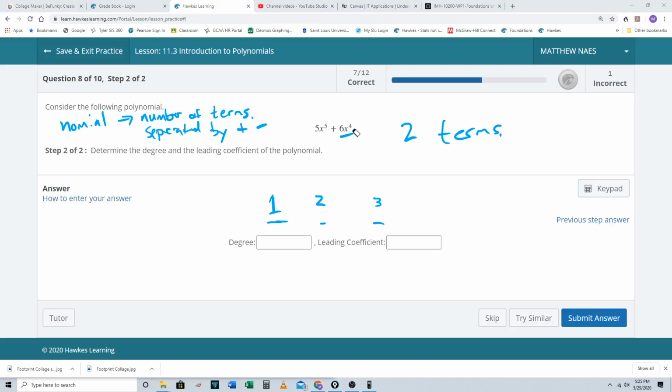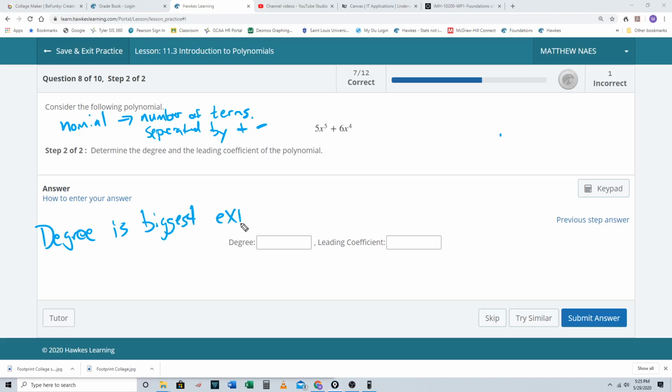All right. The second part is the degree and leading coefficient. Degree is biggest exponent. So which one's bigger, 4, 5, or 4? Well, 5 is the biggest exponent, so that's the degree.